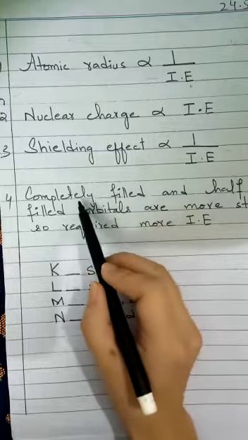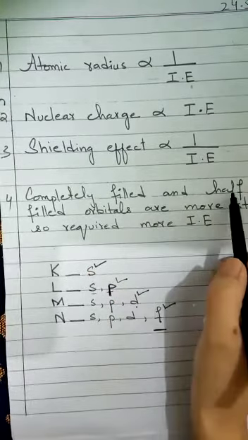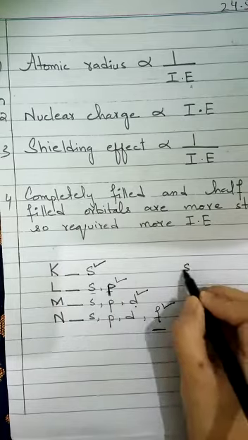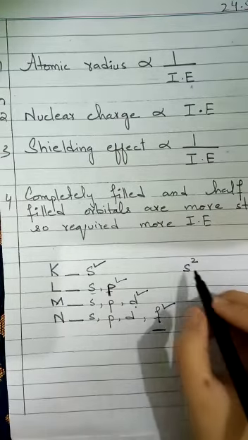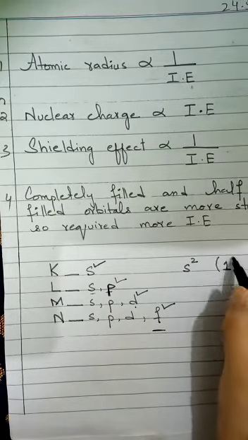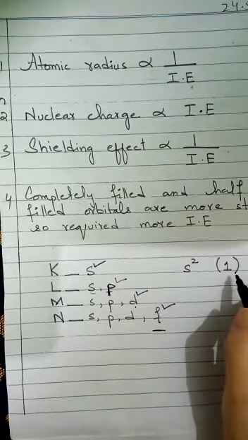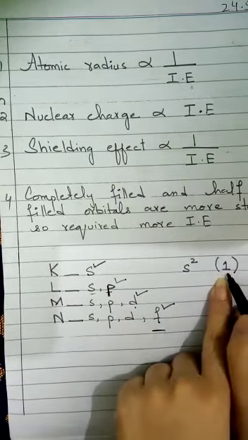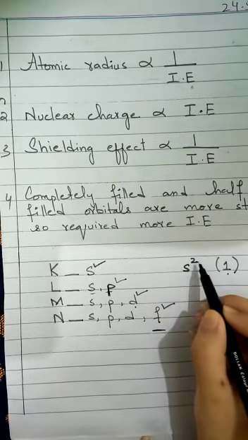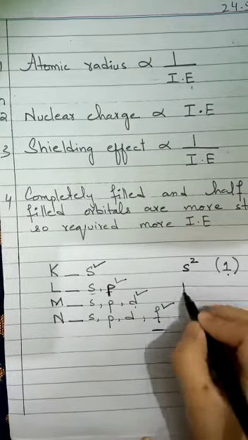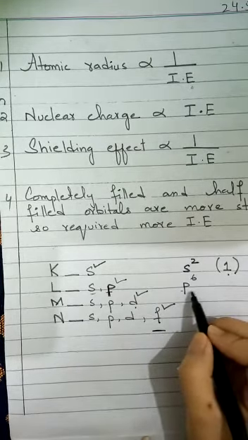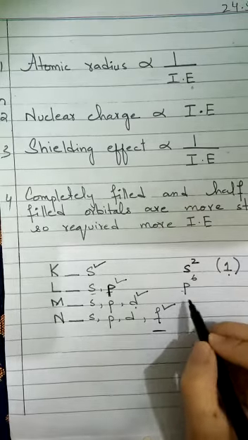And next thing is completely filled and half filled orbitals are more stable. As we know that in the S subshell, two electrons can be accommodated. If S subshell contains only one electron, we call it incomplete or half filled orbital. This is also stable. If S subshell contains two electrons, this is stable, right? P subshell contains a maximum of 6 electrons. This is stable.